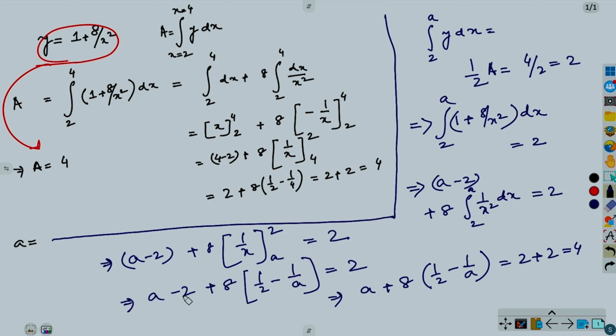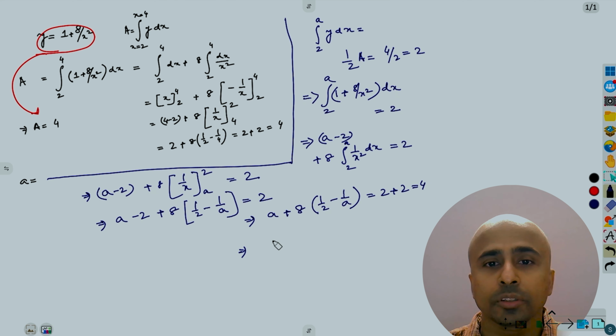I just transfer this 2 from left hand side to right hand side. In the right hand side we have 2, and when we transfer this minus 2 to the right hand side, it becomes 2 plus 2 equals 4. Okay, if we now simplify this, a plus 8 by 2, which is 4, minus 8 by a equals 4.